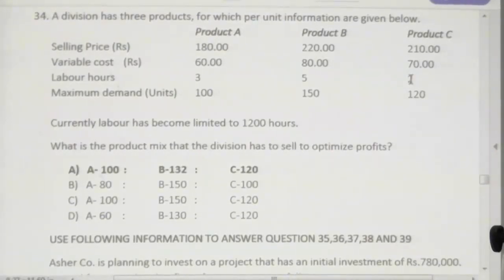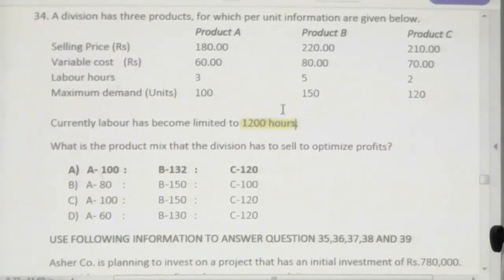Let's see how much the total hours required for the production of A, B, C. 3 into 100, that is 300, then 5 into 150, that is 750, plus 2 into 120. You require totally 1290 hours.